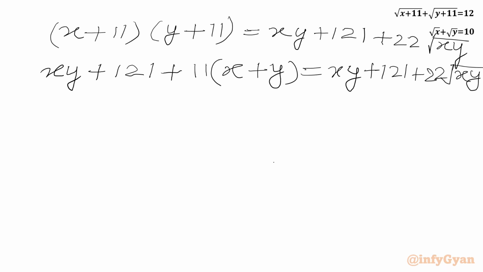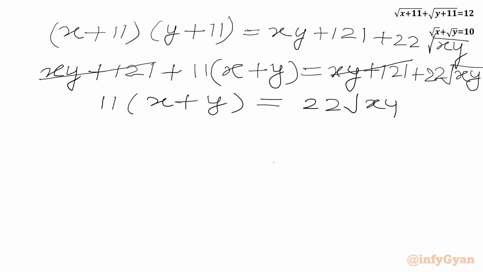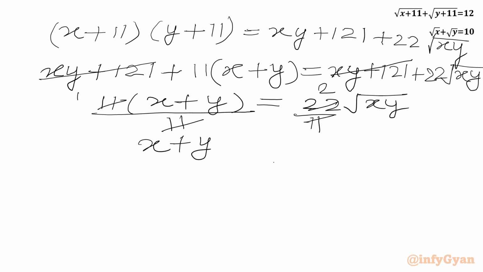Now we will subtract xy plus 121 from both the sides. So we are going to write here 11 times (x + y) will be equal to 22 times the square root of xy. Now we will divide both sides by 11. 11 over 11 will be 1. 22 over 11 will be 2. So we will get our third equation, x plus y equal to 2 times the square root of xy.